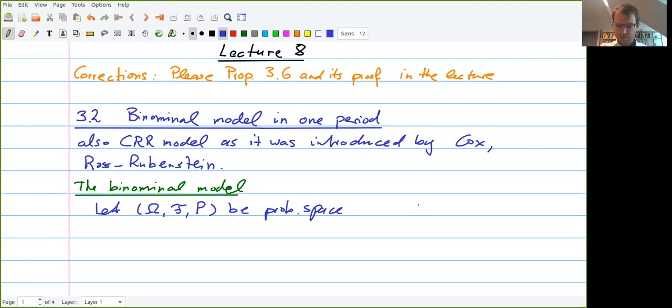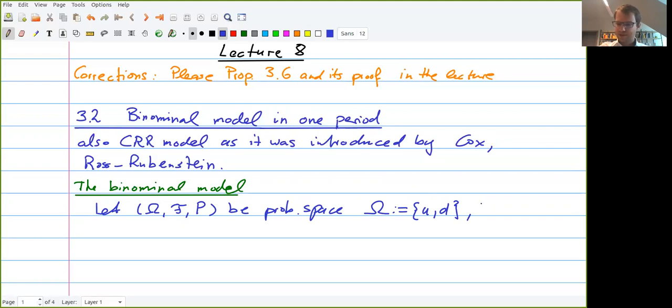Here we want to make it rather concrete. So our sample space Ω is just given by two elements, either u or d, which will correspond to our prices going up or going down.